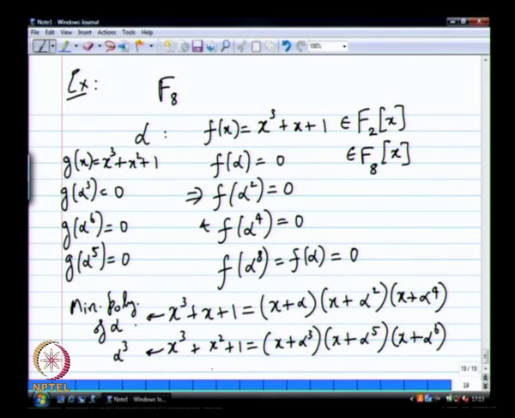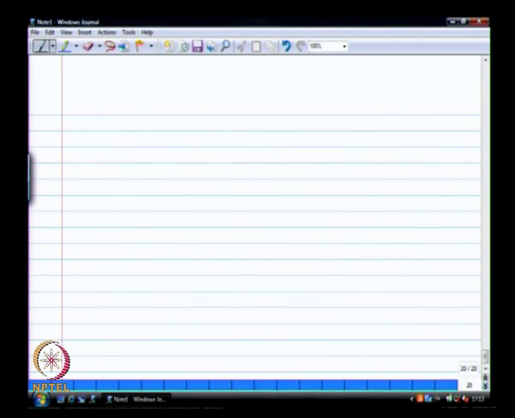What is the minimal polynomial of 1? X plus 1. All right. Let me show you one more impressive fact. I told you something about x power q minus x. In this case, x power 8 minus x. The roots are what?